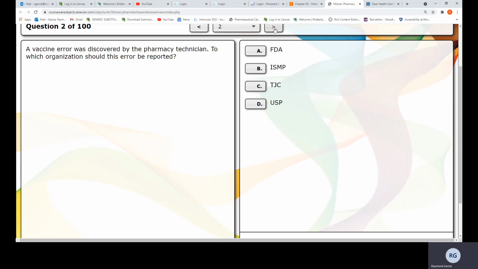A vaccine error was discovered by the pharmacy technician. To which organization should this error be reported? FDA, ISMP, TJC, or USP? ISMP is the Institute for Safe Medication Practices.